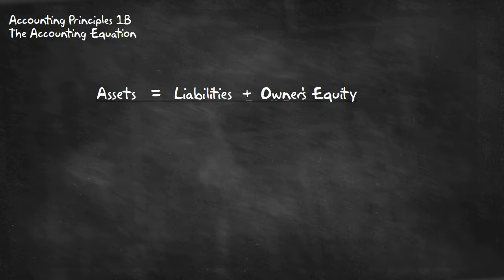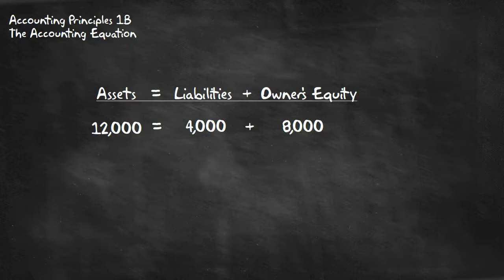Let's look at some examples of the equation. If I have $10,000 in assets and $6,000 in liabilities, how much equity do I have? Well, the answer is $4,000, as 10,000 minus 6,000 equals 4,000. Another example, if I have 4,000 in liabilities and 8,000 in equity, how much assets do I have? 12,000 is correct.